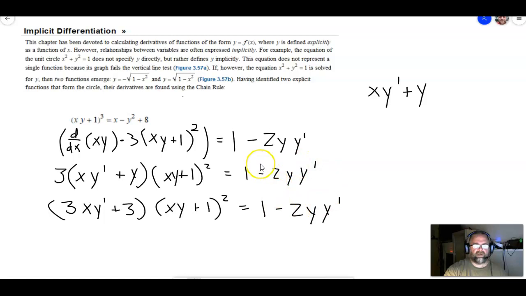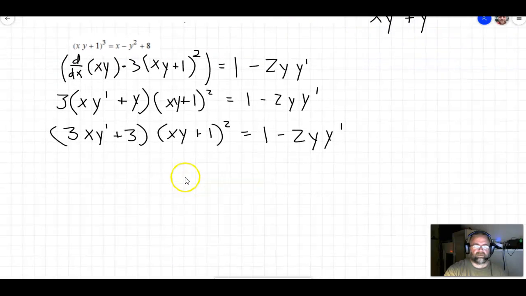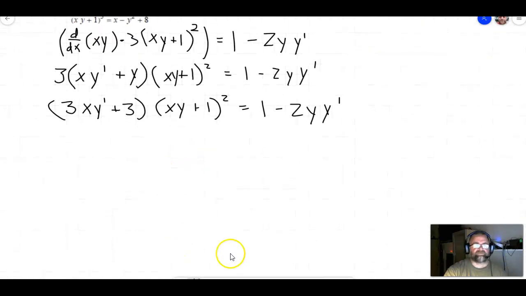And now I'm going to need to FOIL this part out here. Oh man, this one stinks. Alright, so let's FOIL this part out first. So I'm going to have 3xy prime plus, oh, I forgot to put the y there, plus 3y.